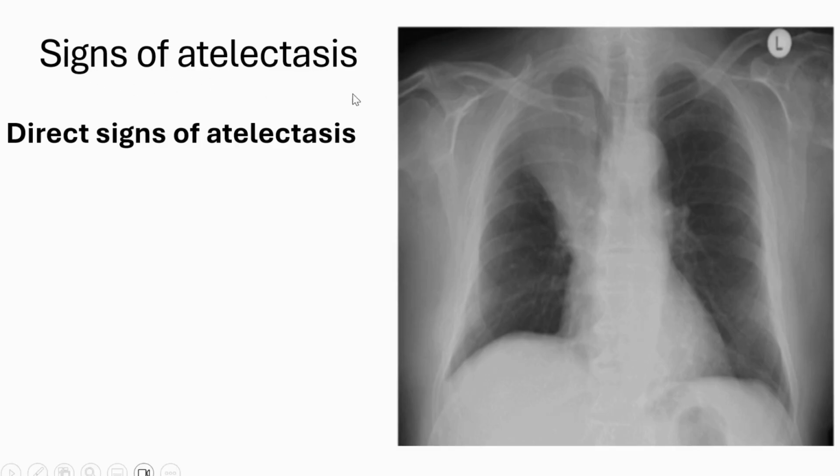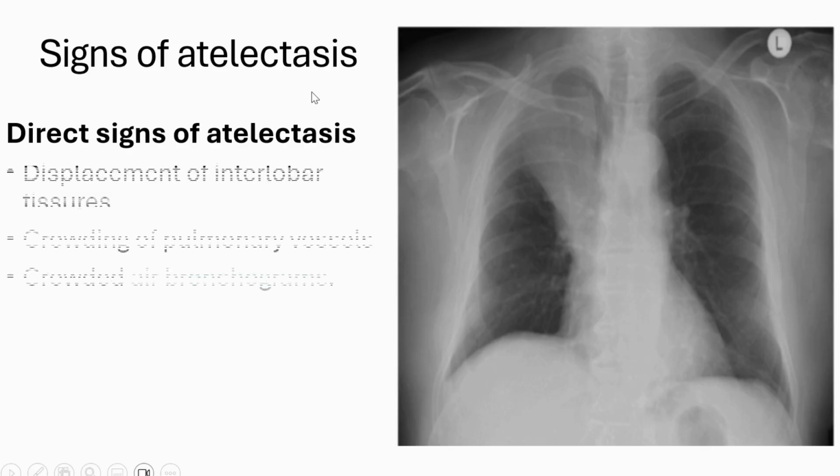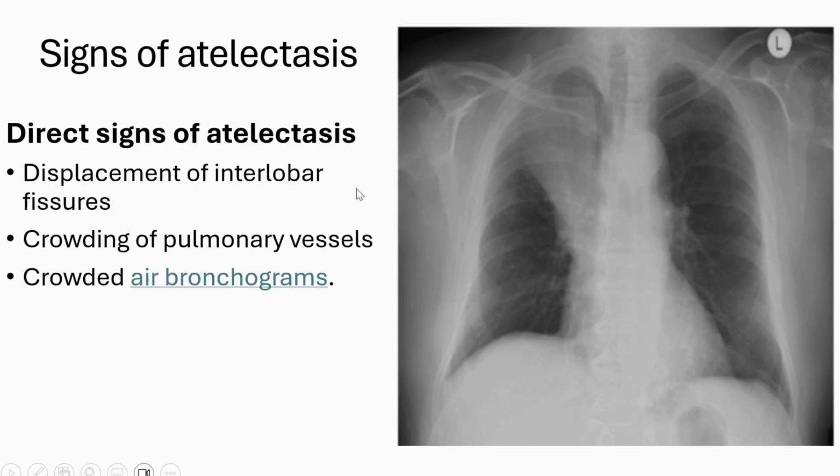Now the signs of atelectasis. There are certain signs which help in the diagnosis of the atelectasis and differentiate it from the consolidation. So there are some direct signs. What are the direct signs? That is the interlobar fissure displacement, as we can see in this image.